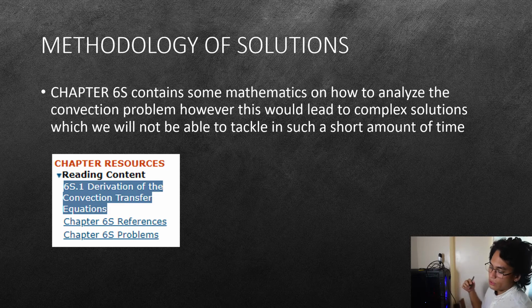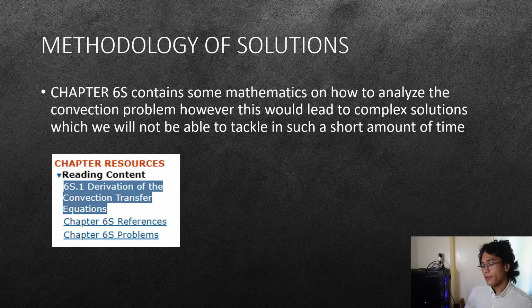But the solutions here can be rather complex and lead to very difficult mathematics, which we will not be able to tackle in the short amount of time that we are given. This could perhaps be one of your specialties or your topics in the future should you proceed to a master's degree or research further into the field of heat transfer.